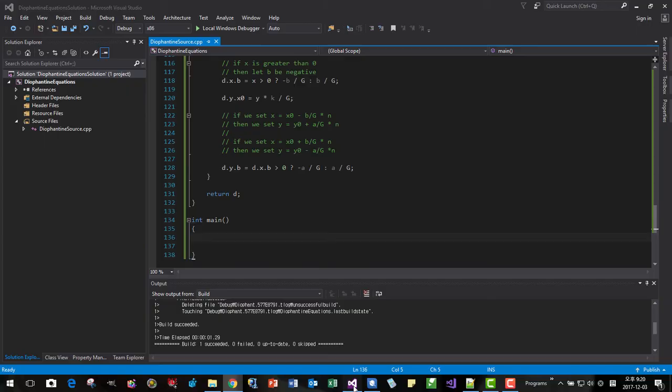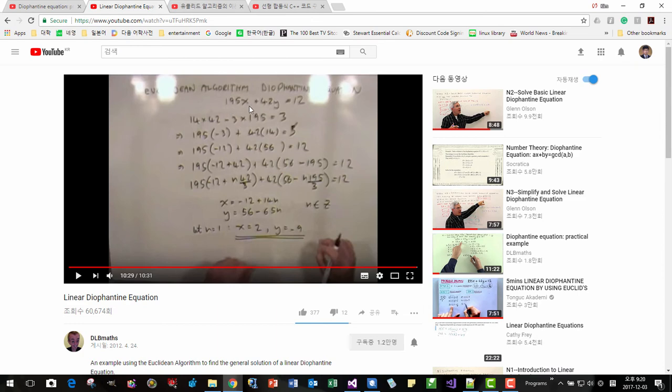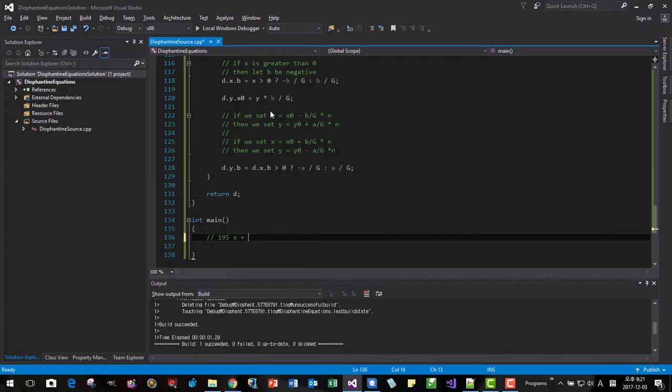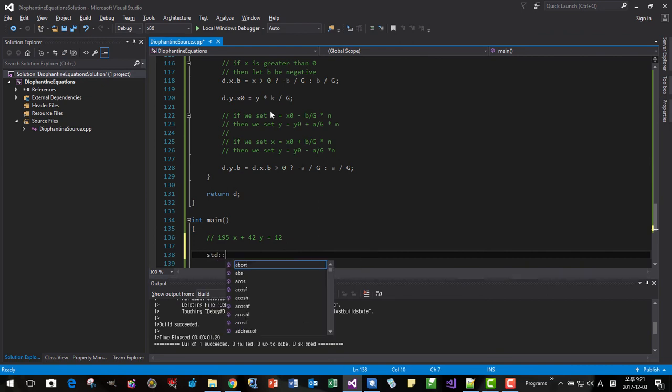195. So we put here 195x plus 42y equals 12. We are solving this equation. We say d1, we solve the Diophantine: a is 195, b is 42, k is 12.